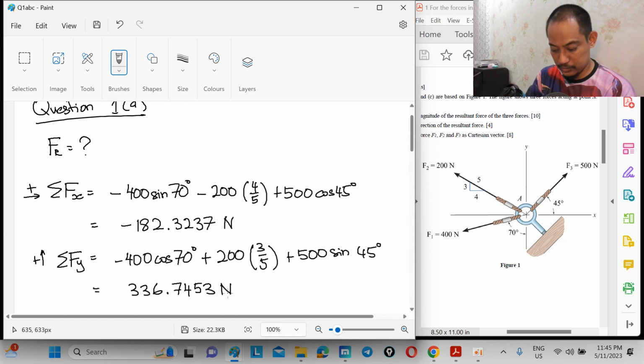Double check: the same calculation gives 336.7453. So what does this mean, because we want to find the resultant?